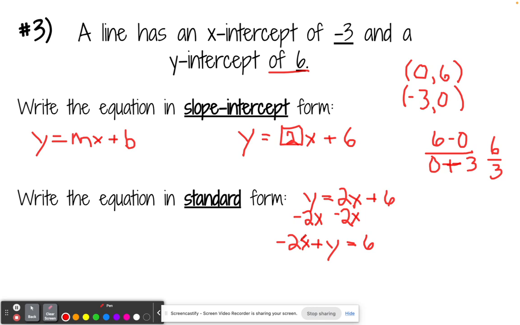Last step, I can't have this negative here, so I'm going to multiply everything by negative 1. And I get 2x minus y equals negative 6.